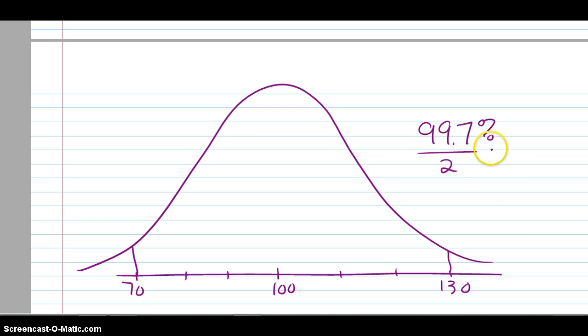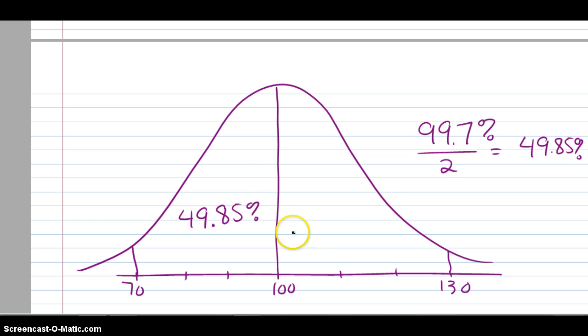I cut that in half. We have 49.85% to the left of 100 between 70 and 100 on the IQ scores, and 49.85% of the population have IQ scores between 100 and 130.